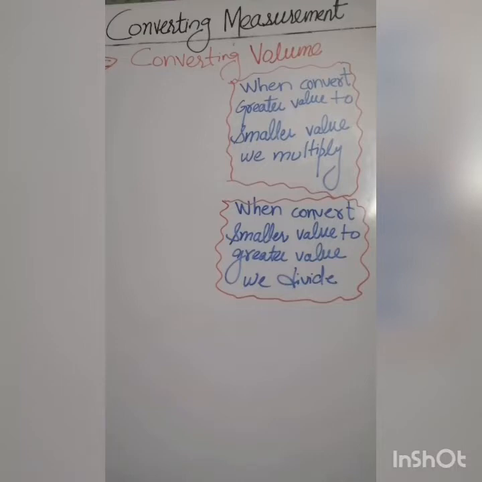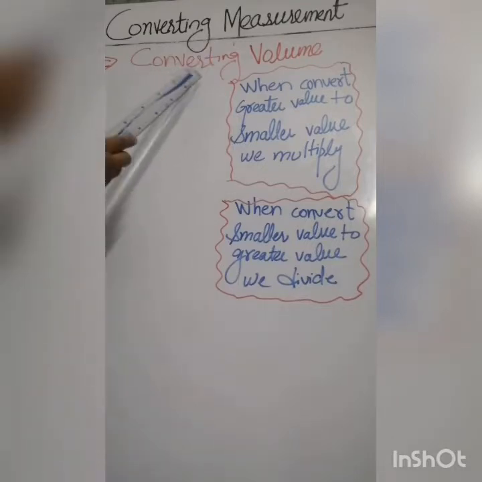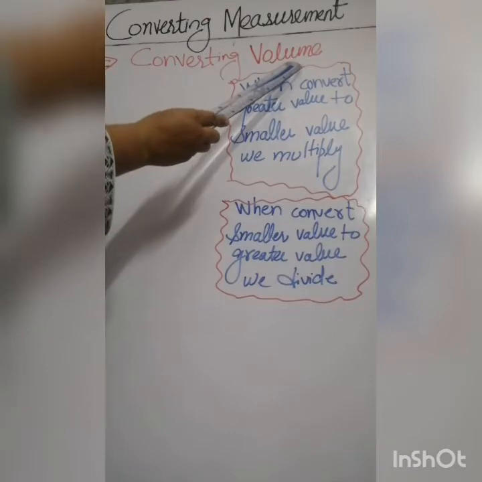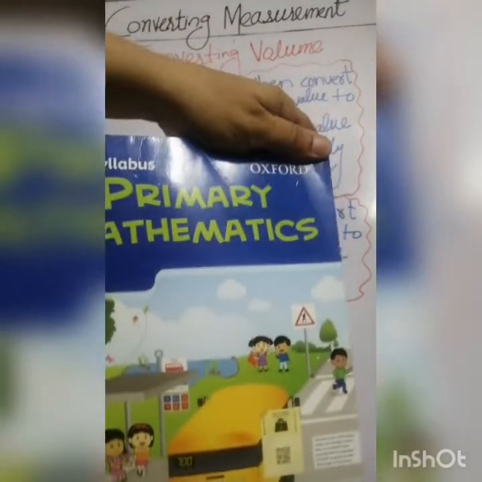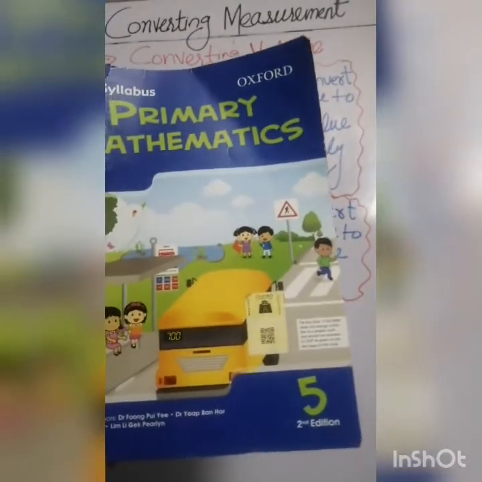Now, we are going to start our topic, that is converting measurement, and the subtopic is converting volume. If anybody knows, the volume of an object is the space occupied by this object. Space means, we have this book.